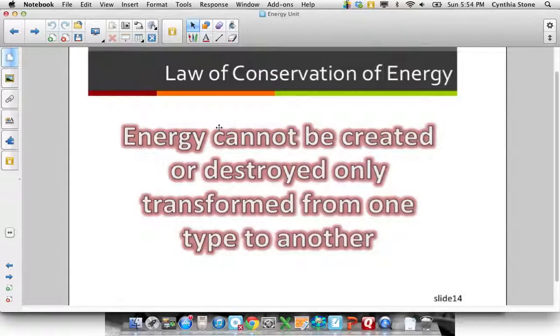In the next unit, we'll learn how that happens. But the point is that you're not creating electricity. You're just transferring it from the kinetic energy of the wind into electric potential energy. You're always just going from one type to another.